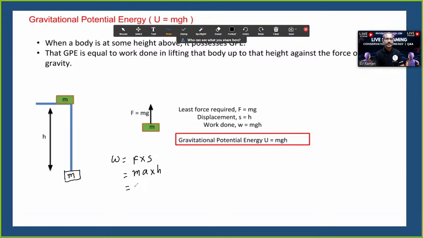So with acceleration due to gravity, mgh is W. This work done is stored in the form of potential energy. Therefore, potential energy is equal to mgh. Hope the derivation is clear.